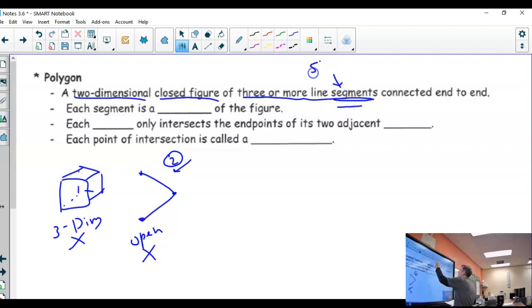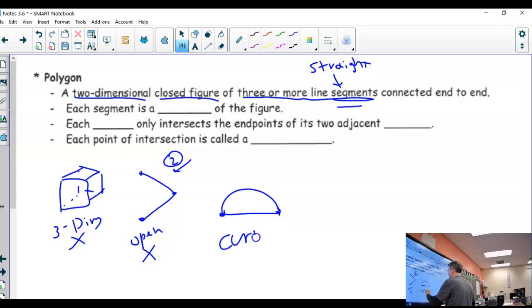And in math, segments are straight. So a half circle is not a polygon because it curves. Polygons only have straight sides called segments, and they must be connected end to end.